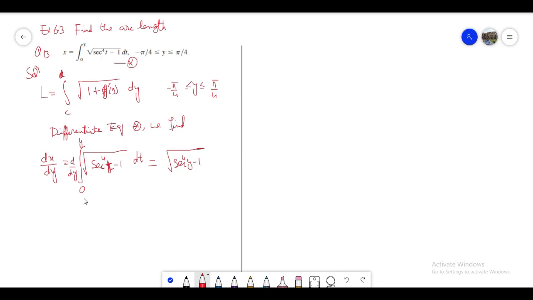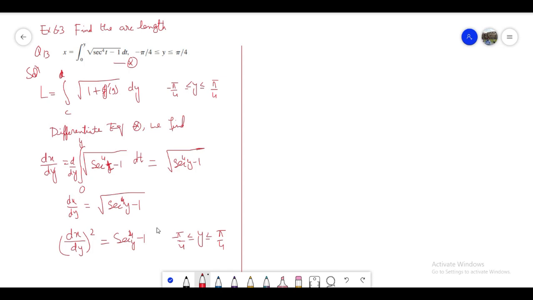So I can explicitly write it as dx by dy is equal to secant squared y minus 1, and dx by dy whole squared is equal to secant raised to power 4 y minus 1. Of course, y is ranging from minus pi by 4 to plus pi by 4.